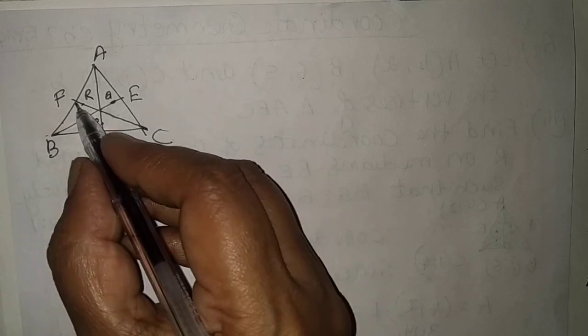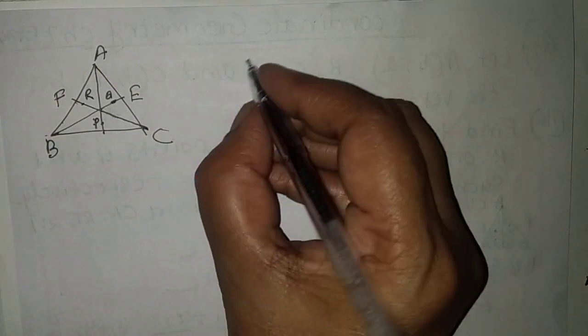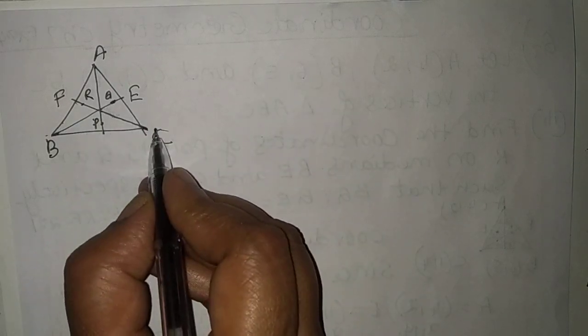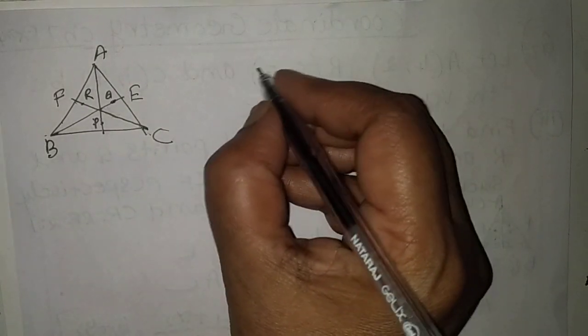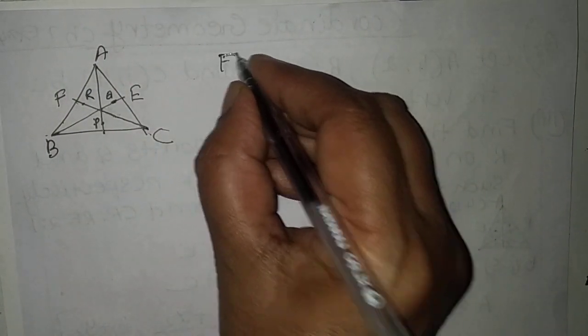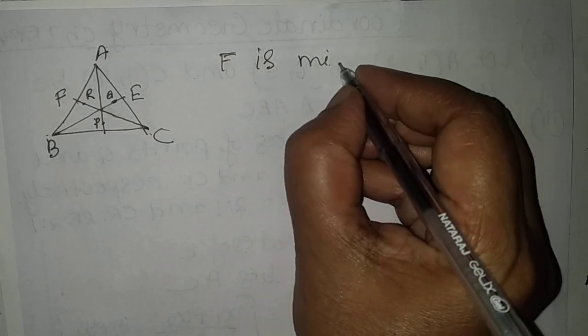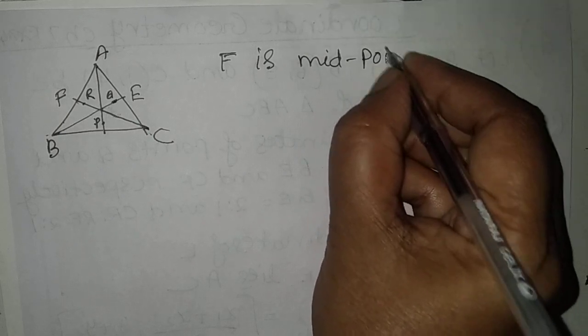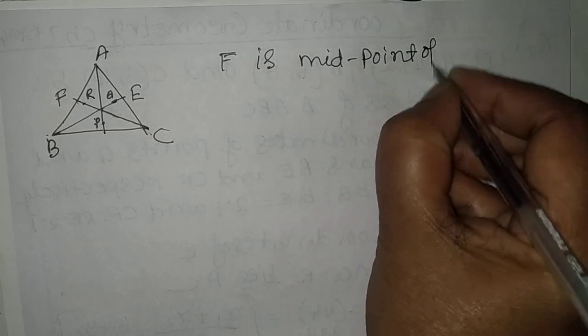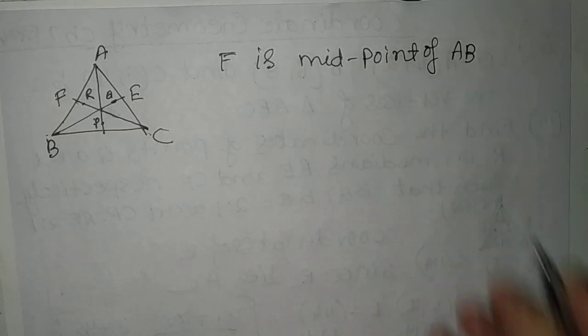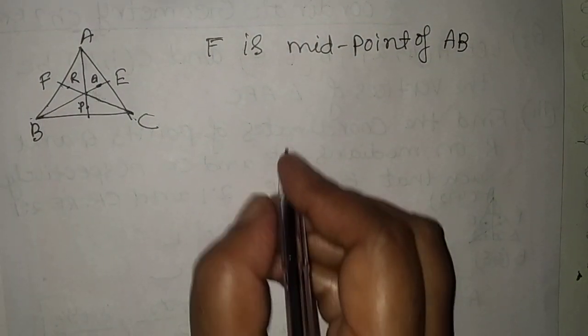So CF is the median. F is the midpoint of AB.